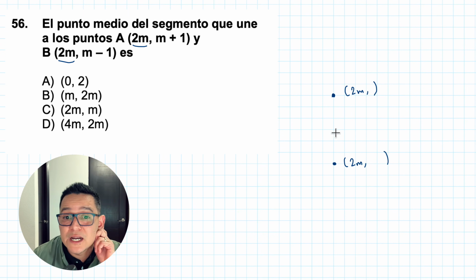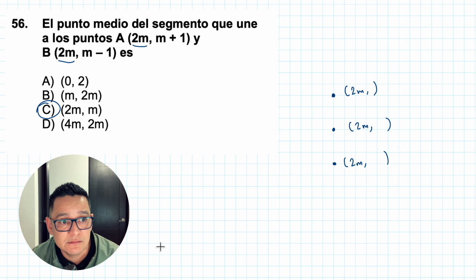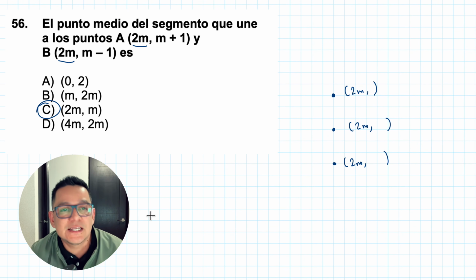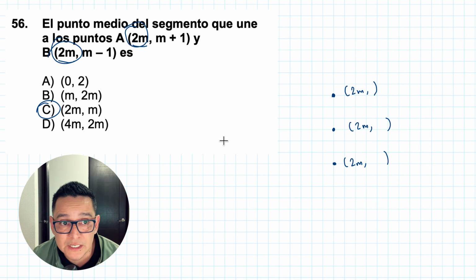Now, if I want to find the midpoint, this midpoint with respect to x also has to be at 2m, comma something, right? And in this case, the only one that has 2m at the beginning is option C. That's it, we're done. I mean, necessarily, the midpoint also had to have a 2m at the beginning. Why? Because these two now have a 2m too.